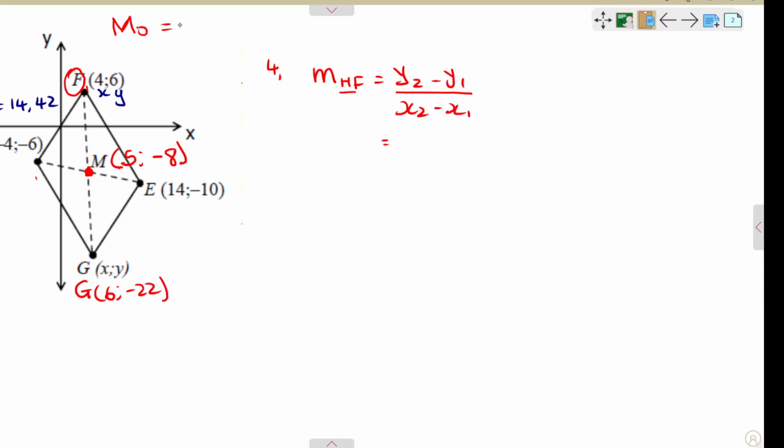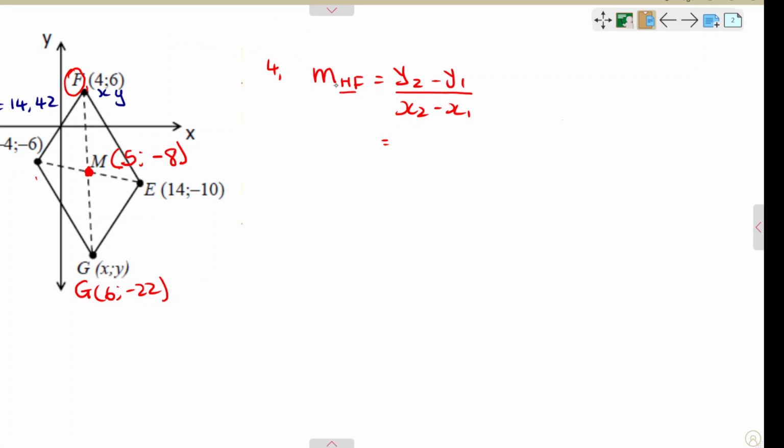Then we can say x1 plus x2 divided by 2, comma, y1 plus y2 divided by 2. This is the midpoint formula. But for the gradient formula, the m is a small letter. The M for the midpoint is a capital letter. So you need to be careful. These two M's cannot look the same.